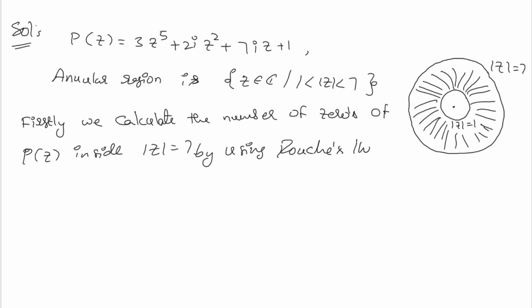So to use Roche's theorem, we have to select two functions f of z and g of z such that mod g of z is less than mod f of z. Then we can say the number of zeros of f of z and f of z plus g of z are same inside mod z equal to 7.